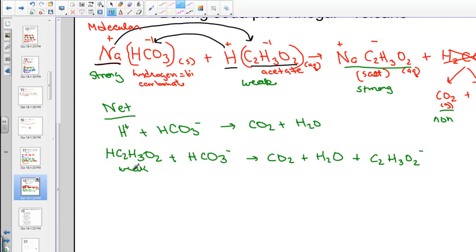So we have aqueous acetic acid with aqueous bicarbonate ion forming carbon dioxide gas, liquid water, and the aqueous ion of acetate. The driving force would be the bubbles. That would be the observation you'd see to know that a chemical change took place.